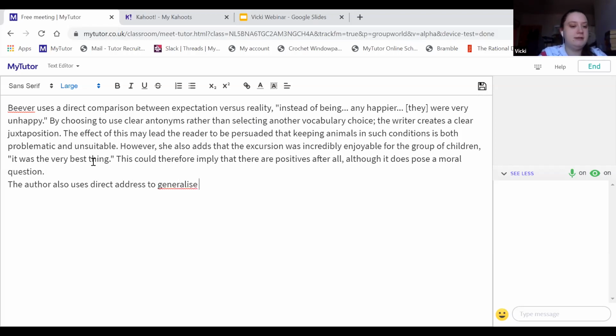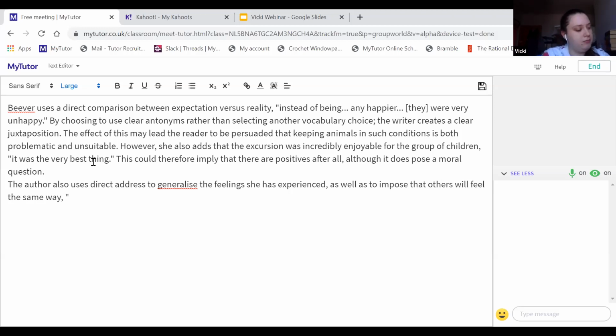To generalize the feelings she has experienced, so just a basic point there, as well as to impose that others will feel the same way.